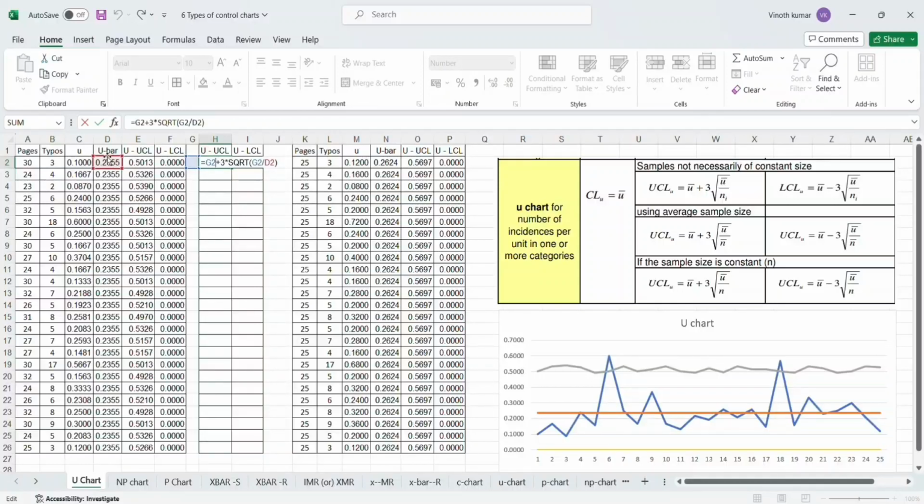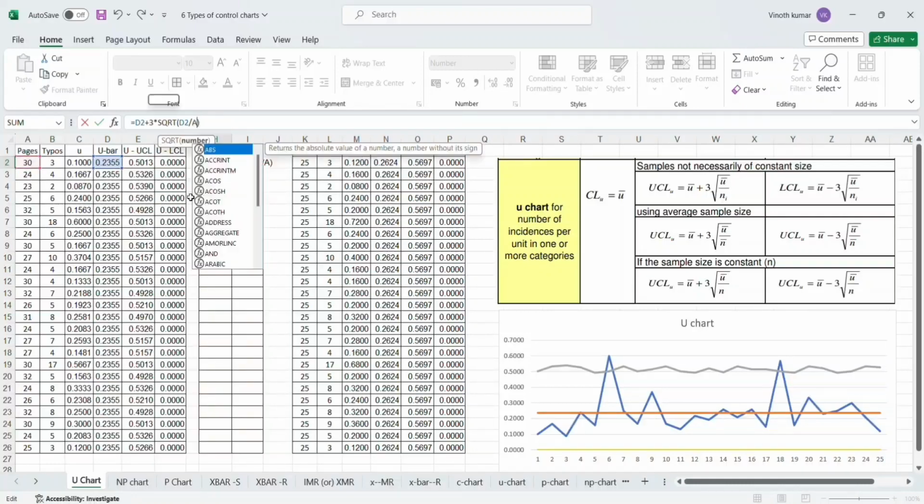The formula is u bar plus 3 times the square root of u bar divided by n. So instead of dividing by n, we have to divide by the average of n. That's a small difference in this formula.